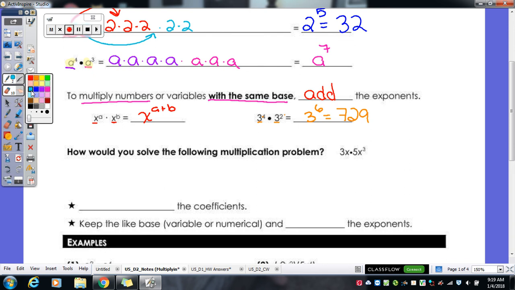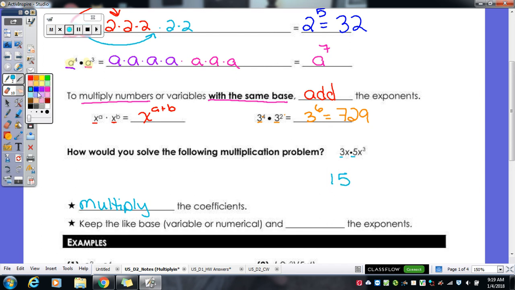So when you also have coefficients like our next one, your 3x times your 5x to the 3rd, what you would do is first multiply the coefficients. So in my example over here, first thing I would do is multiply my 3 and my 5. So that would give us 15.